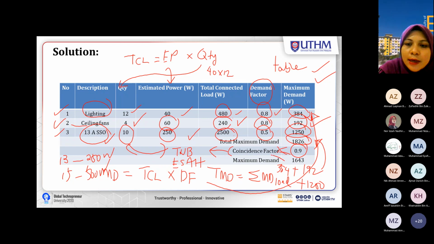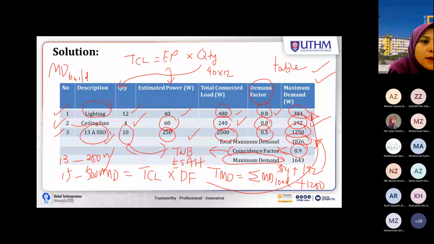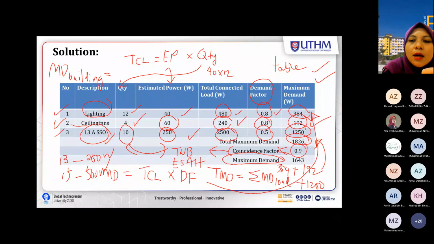And then we can know the maximum demand of the building. So MD of the building is CF, the coincident factor, times the total maximum demand. Then you can get the maximum demand of the building, 1643.